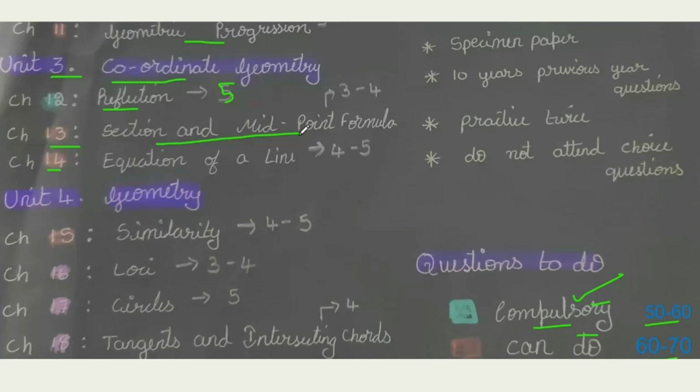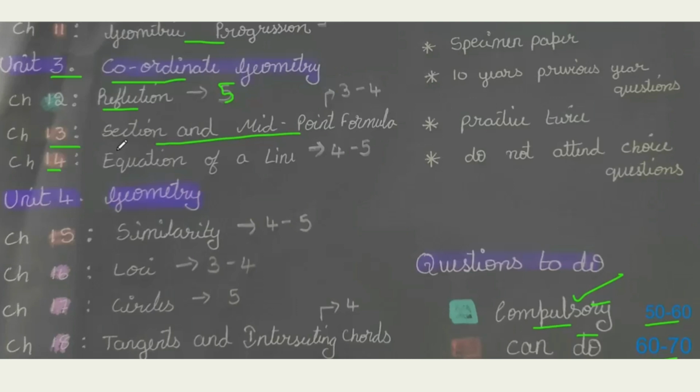If you remember formulas, you could do any question easily, in one single step you could get the answer if you know the formula. These two chapters are a bit tricky, but if you know the formula you could do the questions.